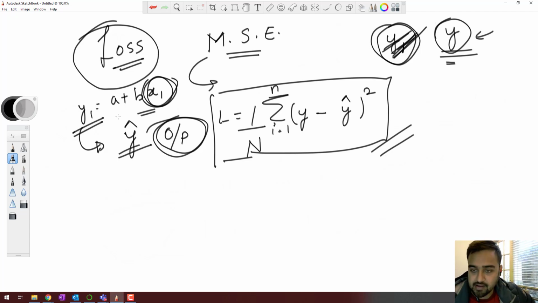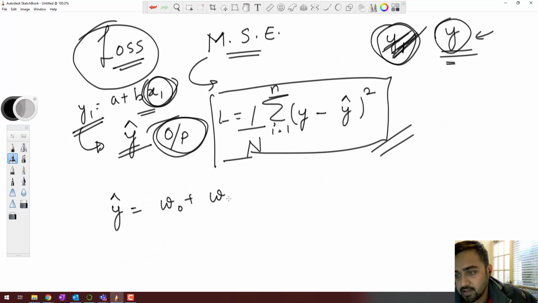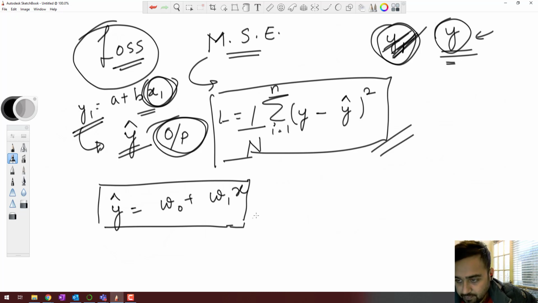right? In terms of regression, these a and b are represented as y hat is equal to w0 plus w1 x. All right, where y hat is the prediction.